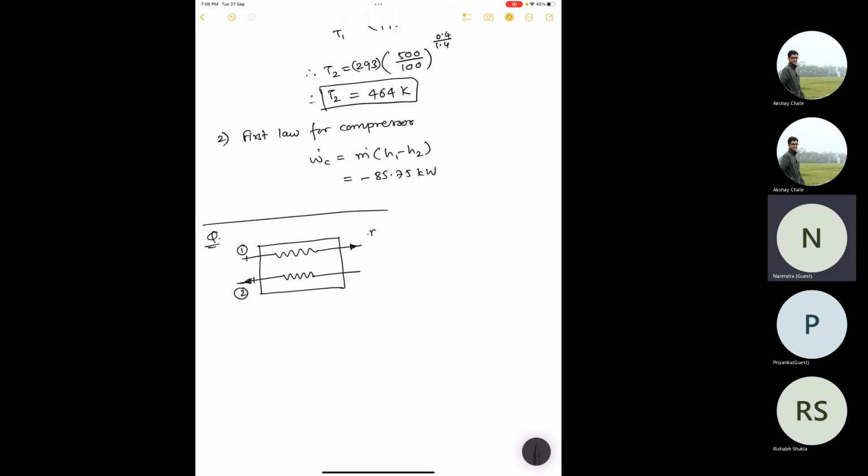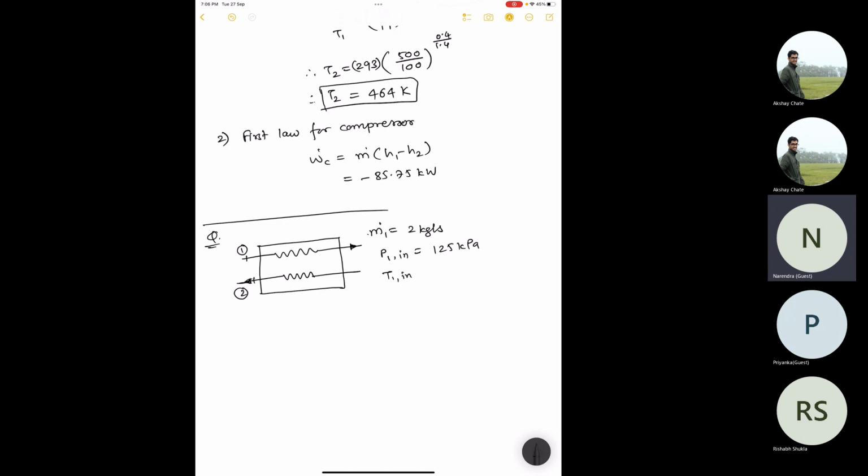So m dot 1 is 2 kg per second. P1 at the inlet is 125 kilopascal.